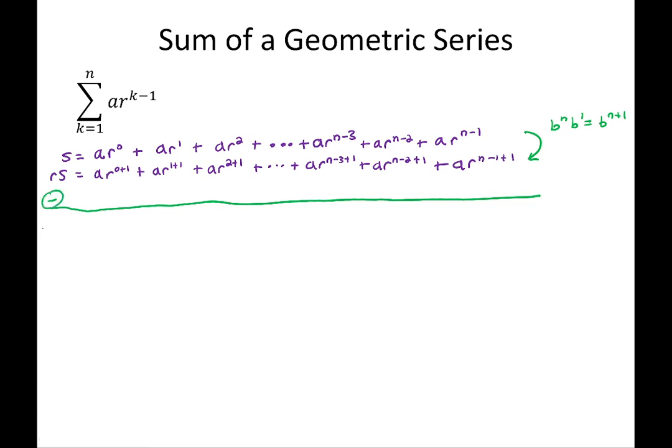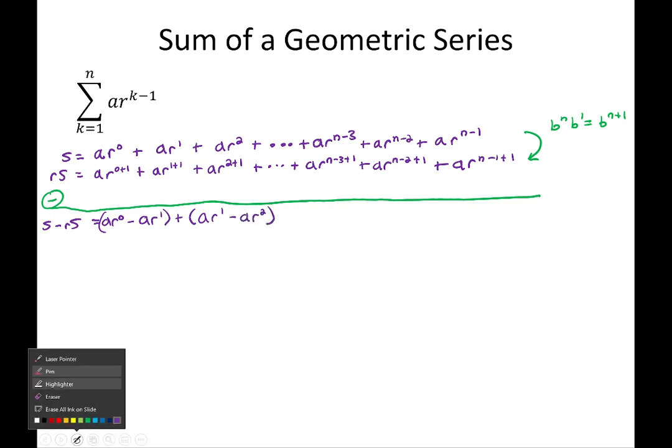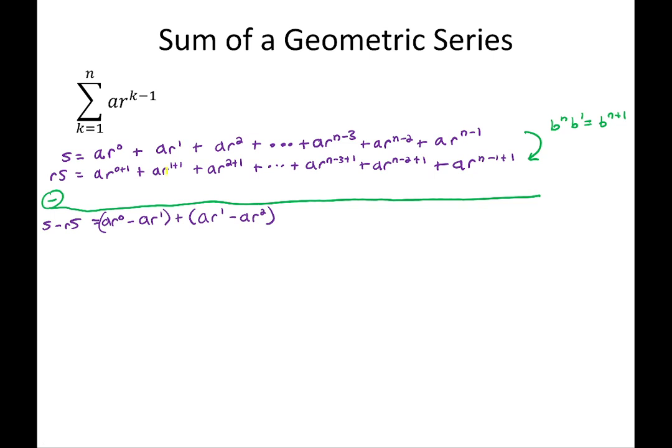And what we'll get is on the left-hand side, we have s minus r times s. On the right-hand side, we have ar to the 0. I'm going to subtract them in pairs. Minus ar to the 1, plus, now we have the next pair, ar to the 1 minus ar to the 2. I'm just going to do a little bit of highlighting so it's easier to see which ones are what.